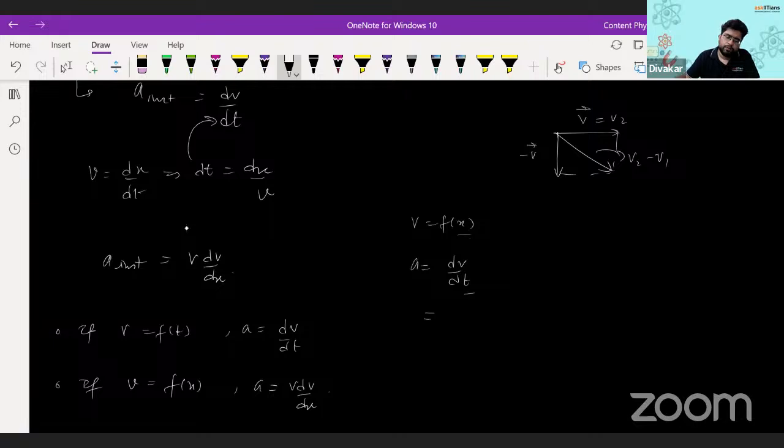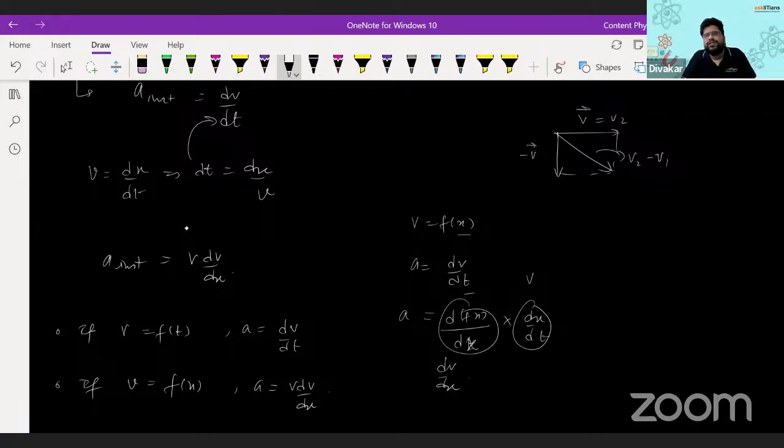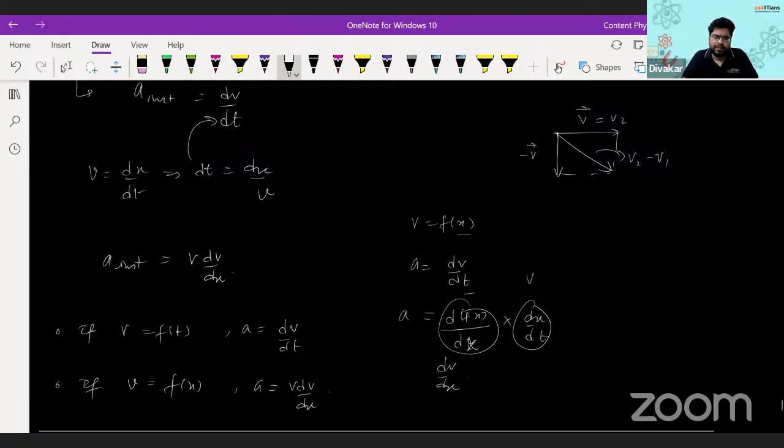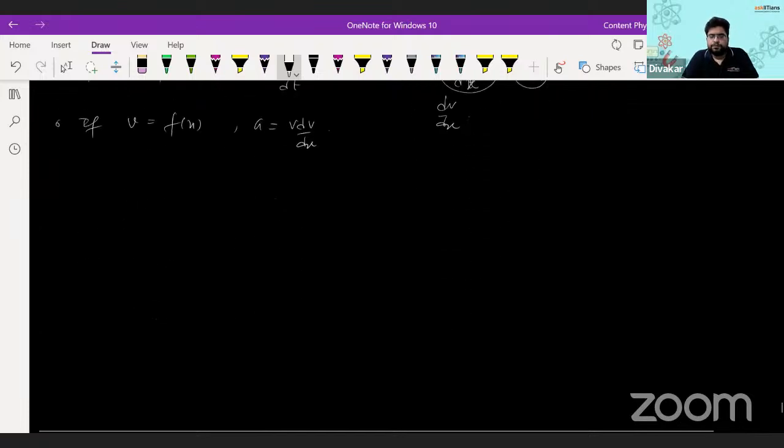If you want to differentiate this particular function, you differentiate it as usual, so you write d of f(x) divided by dt, and then multiply by the differentiation of your assumption, so basically dx by dt. Now you can see this is actually v, and this is dv by dx. So it's actually the chain rule only. Whether you remember it this way or that way, it's actually the same form of dv by dt with the chain rule.